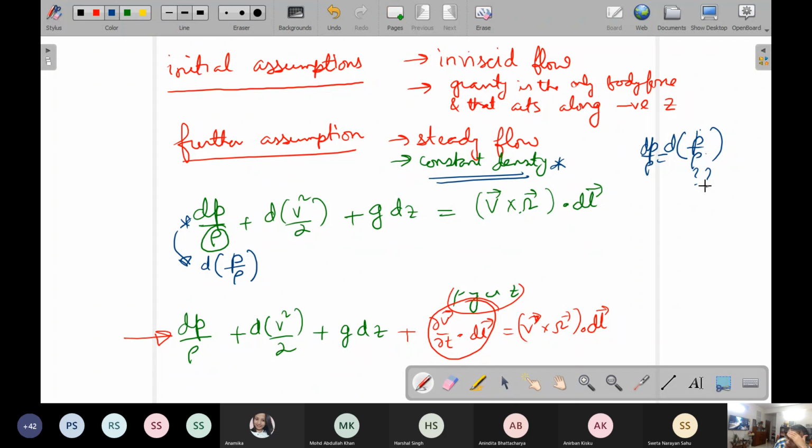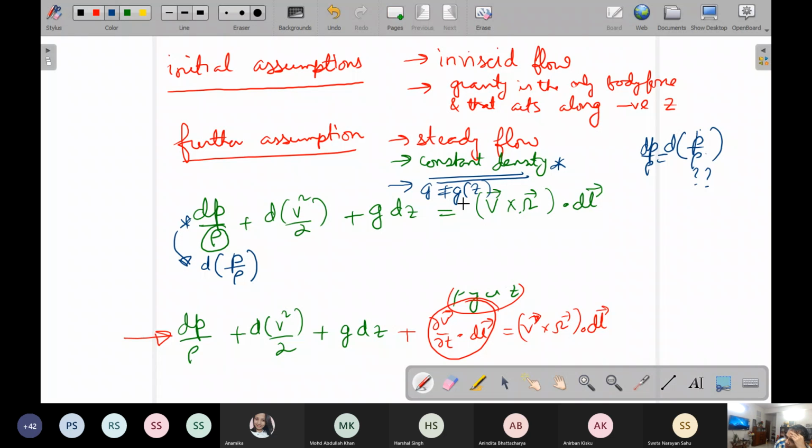And the other assumption that we are taking is something which is very obvious in engineering, but not so obvious if you cover all aspects of science, that g is not a function of z. So in atmospheric science, or if somebody is applying this equation to outer space, the gravity force will be a function of height.